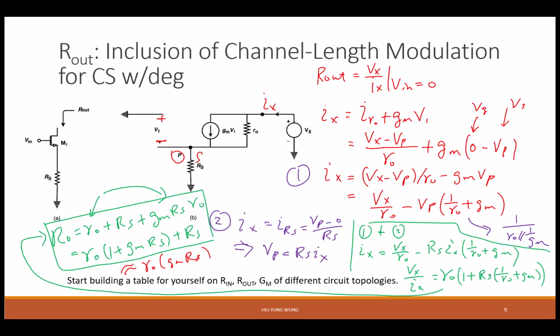So let's do it one by one. What is I_R0? It is Vx. What's I_R0? Need to be very careful. Ohm's law. Which Ohm's law to use? Just Vx over r_out? It's Vx minus Vs, or here I call it Vp.